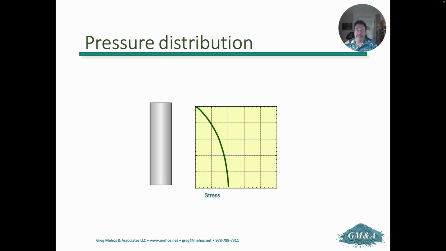So if we plot the results, this is what it looks like. Unlike liquids where the pressure increases linearly with depth, you see that we have an asymptotic relationship between depth and the solid stress. It'll build up rather quickly and then start to decrease in its rate. And you'll notice a couple things.